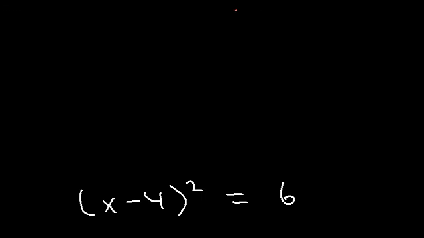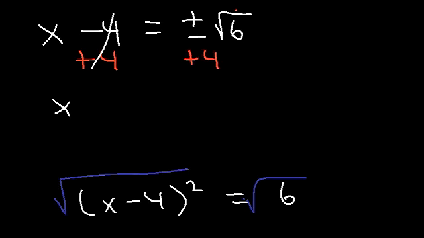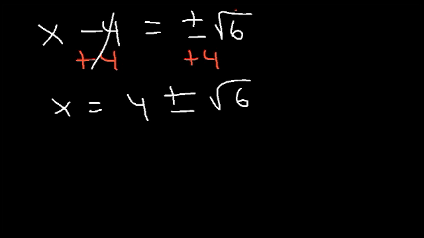So you know what to do at this point. We need to take the square root of both sides. So x minus 4 is equal to plus or minus radical 6. So adding 4 to both sides, we could see that x is equal to 4 plus or minus radical 6. So let's convert it into a decimal answer.